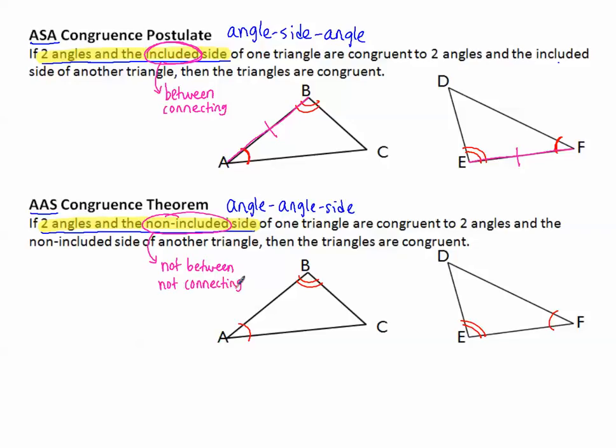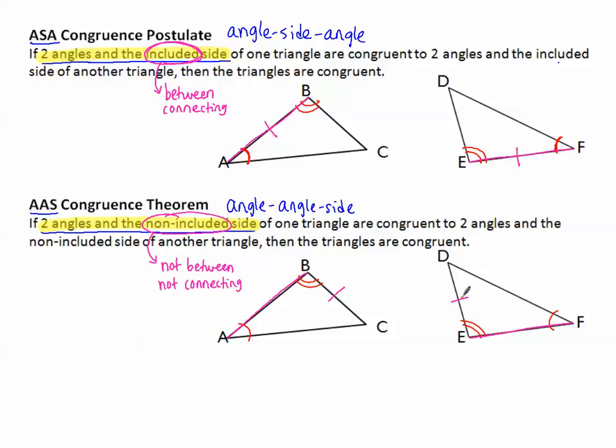So if we look at the side that's connecting from A to B, that's this side. So I need to have marked one of the other sides, such as BC and ED. Notice how this is not the side connecting angle to angle. Therefore, this is a side not between: angle, angle, and a side.